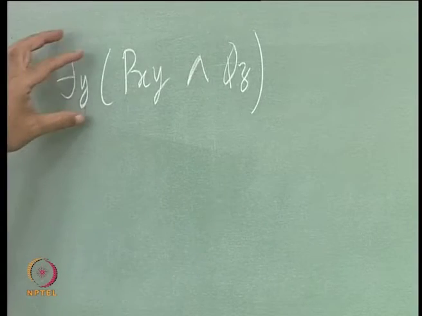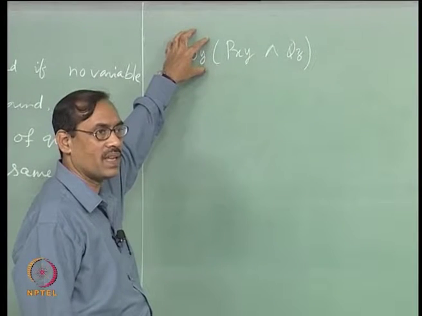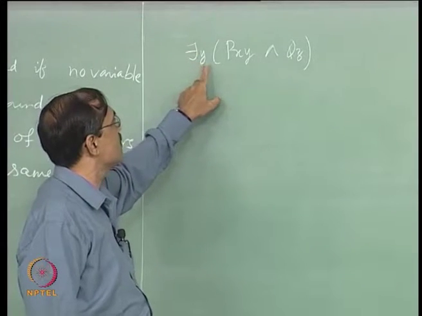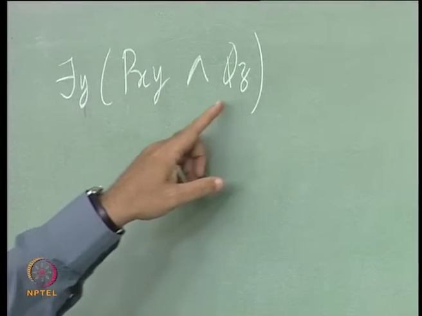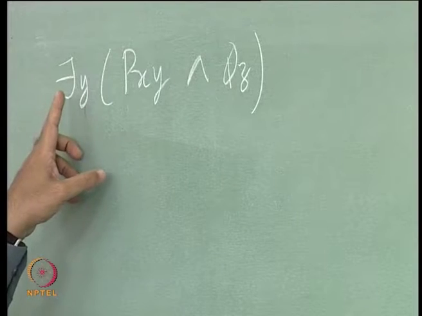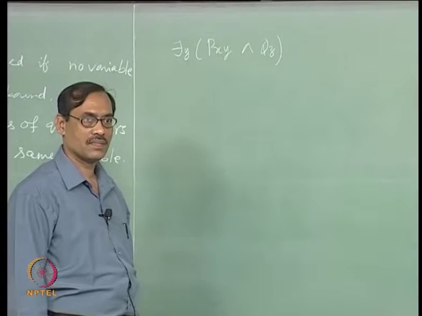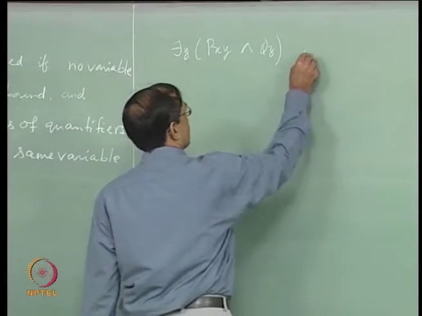There is only one occurrence of the quantifier, which uses y, and that y is bound here, it is nowhere free. z is a free variable. So, this is already rectified.